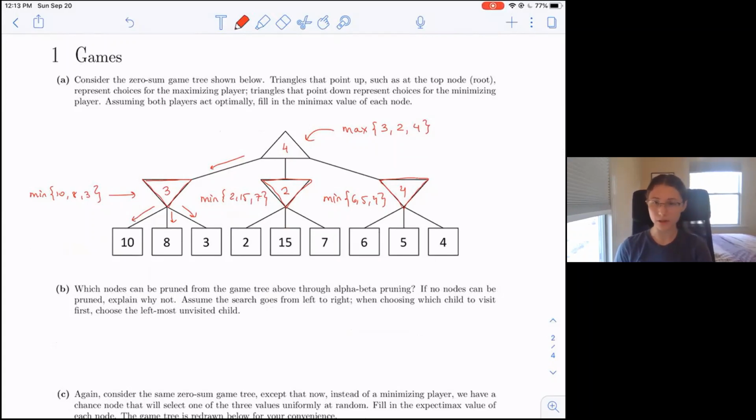This algorithm is essentially trying to save us from going all the way down through the entire game tree until we hit the leaves. And why is that? It's because that's going to be really computationally expensive. In this particular example, our tree is really shallow, but for most realistic game trees, they might have really, really deep depth or potentially infinite depth.